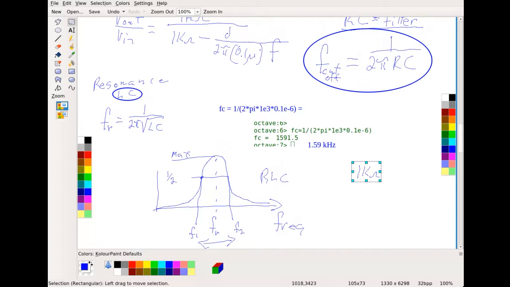So 1 kilo ohm in Octave, when you put that in, is 1e+3. It's e to the +3, which is saying 10 to the 3rd, which is 1,000. You got 3 zeros.